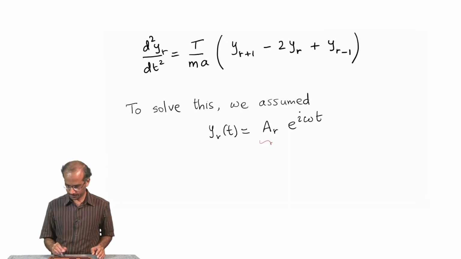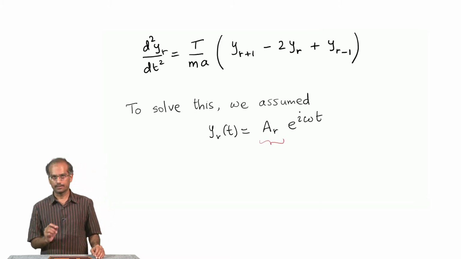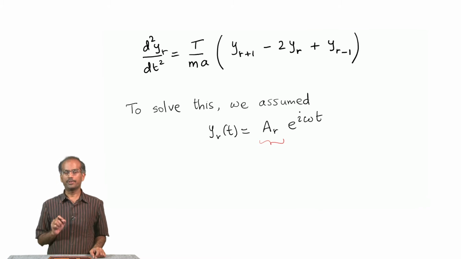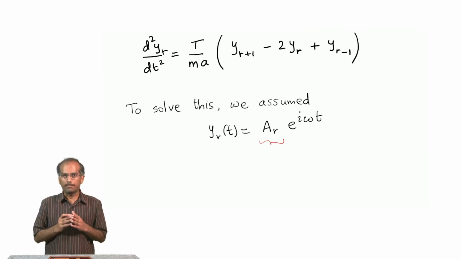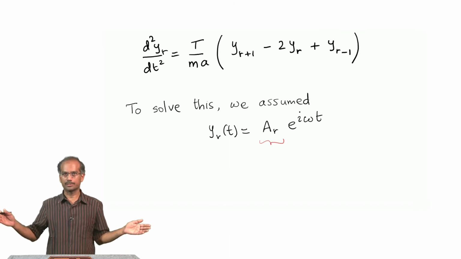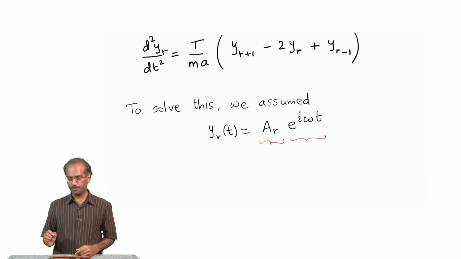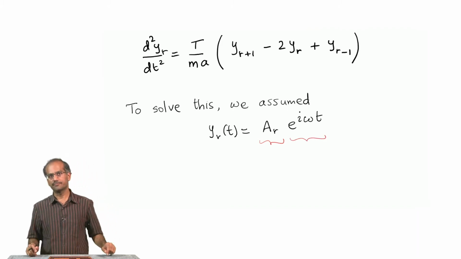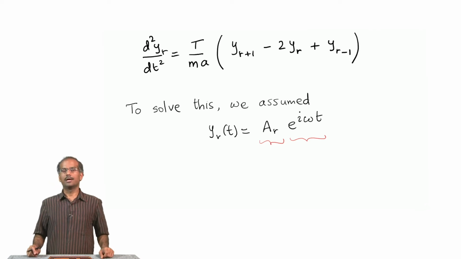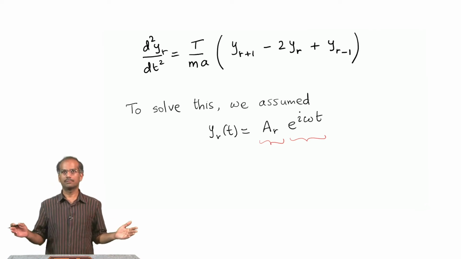One is that this a r is the amplitude, and the amplitude depends on the position of the particle, which is why it says a r, where r is the index of the position. The amplitude is not constant for all the particles in your system; it depends on where the particle is. And then, most importantly, this e power i omega t: omega is the frequency of oscillation, and the frequency of all the particles is the same.